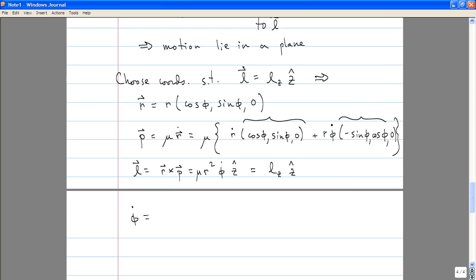Just by looking at this equation for the angular momentum vector, it's LZ over mu times r squared. LZ being a constant of motion, it is the length of the angular momentum vector. So this allows us to completely determine the angular velocity as a function of the position. It's just a constant over the position, the distance r squared. So this will allow us to remove an additional degree of freedom and write the dynamics completely as a one-dimensional system. So that is what I'm going to do now.